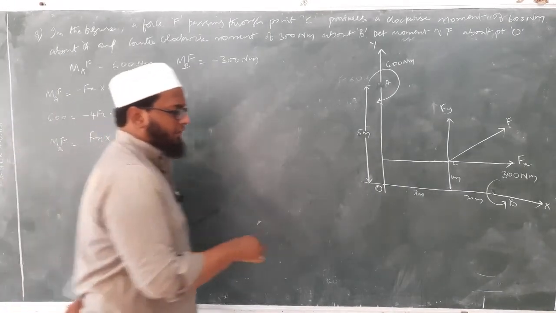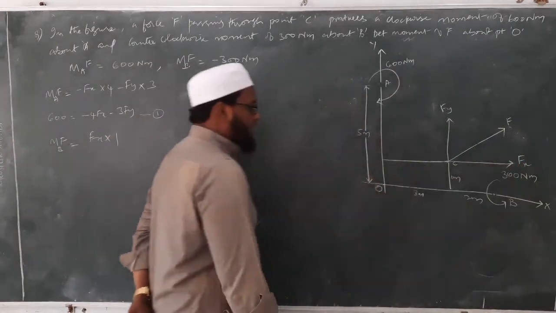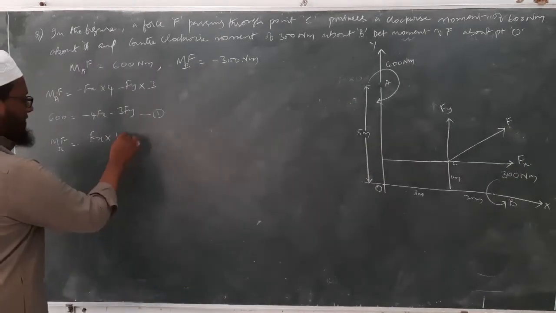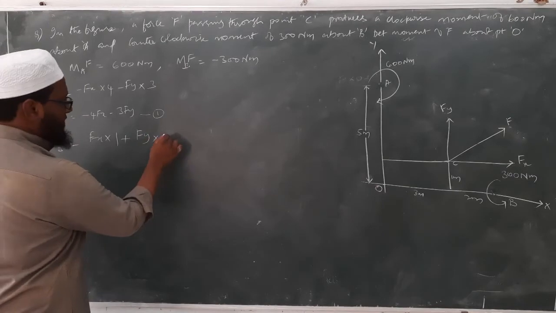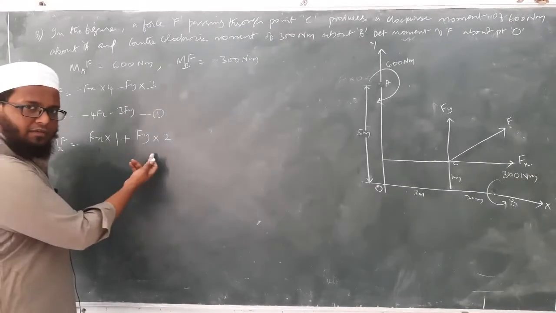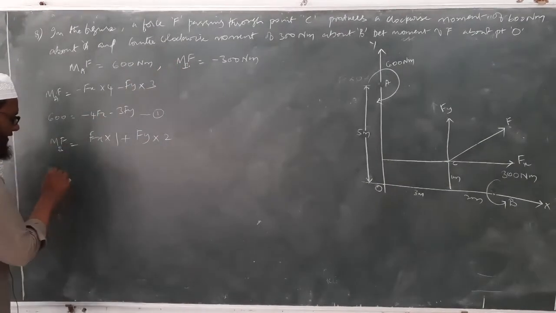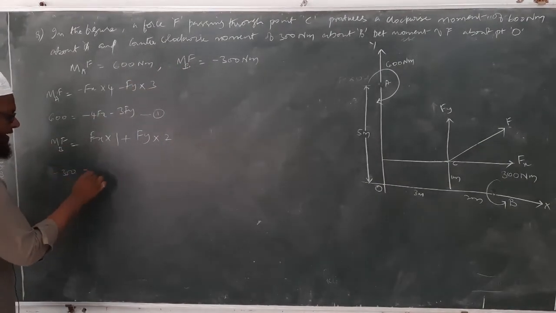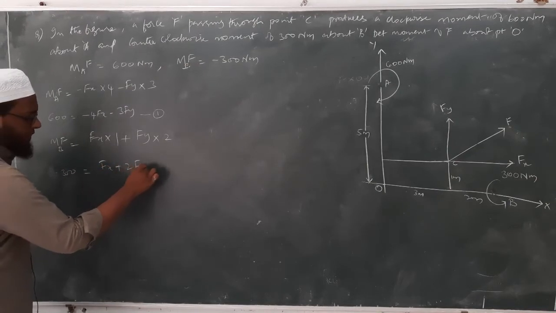Again Fy is going in clockwise direction, so plus Fy into 2 meters. We don't know the value of Fx or Fy, but we know the moment of F about point B, that is minus 300 Newton meter. Minus 300 is equal to Fx plus 2 Fy.